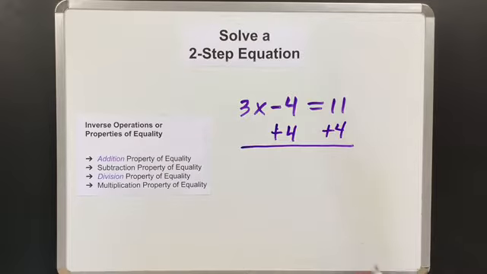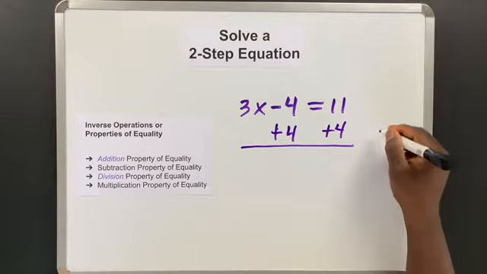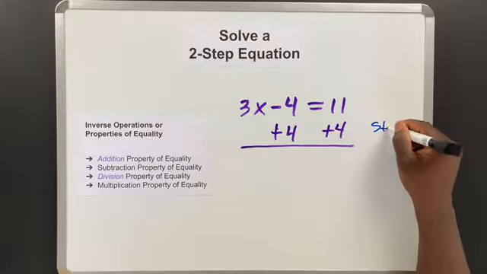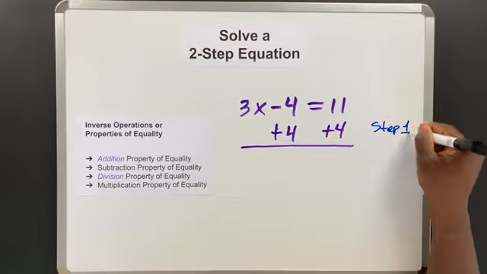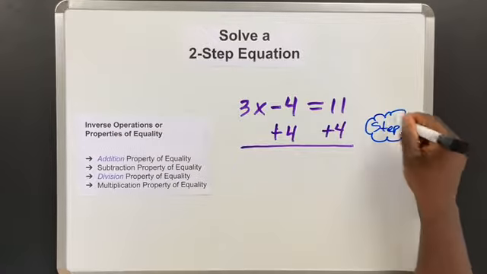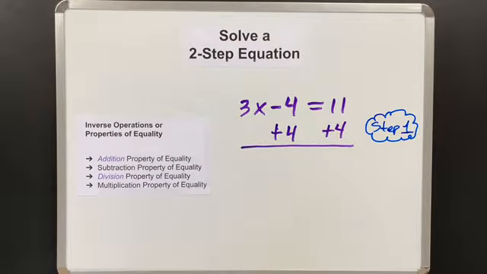And we do it to both sides to balance the equation. All right. This is known as step 1. So I'll write that over here. Step 1. All right, very good. Adding 4 to both sides of the equation is step 1.